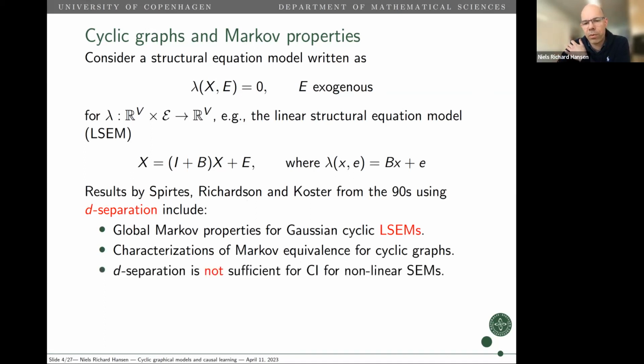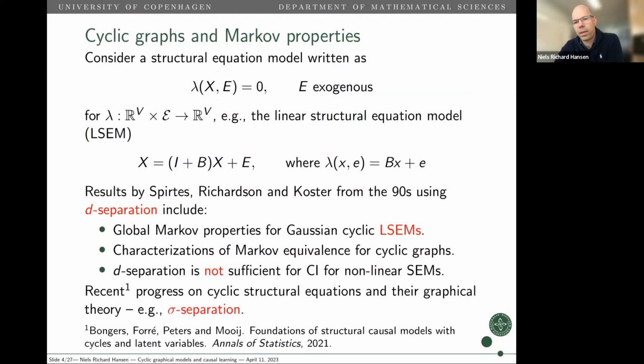But it was also relatively early well known that d-separation is not sufficient for conditional independence if you have nonlinear structural equation models. So there was a gap there: even with these cyclic structural equation models with nonlinearities, d-separation wouldn't tell us exactly what the Markov properties are resulting from solving the equation. There has been some recent progress in this area.